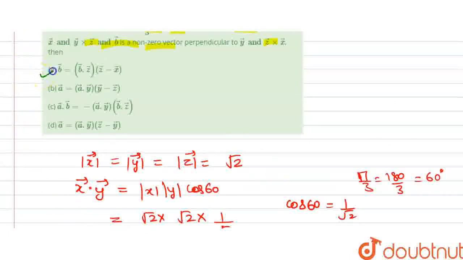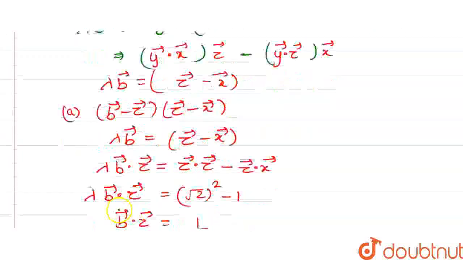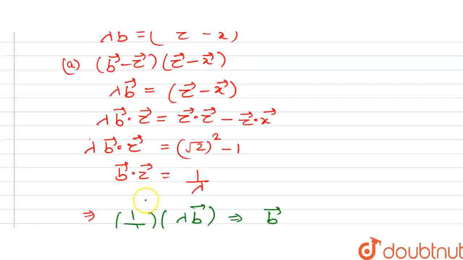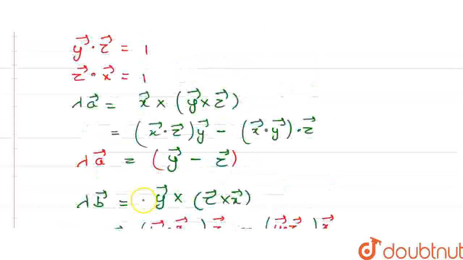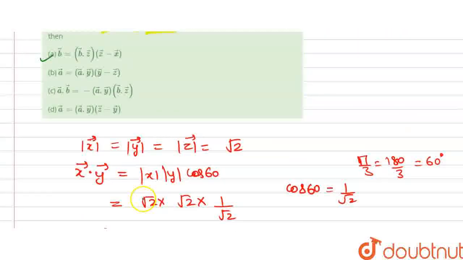Now we have to check a vector dot z vector into y vector minus z vector. So we can write here option B. A vector dot z vector into y vector minus z vector.